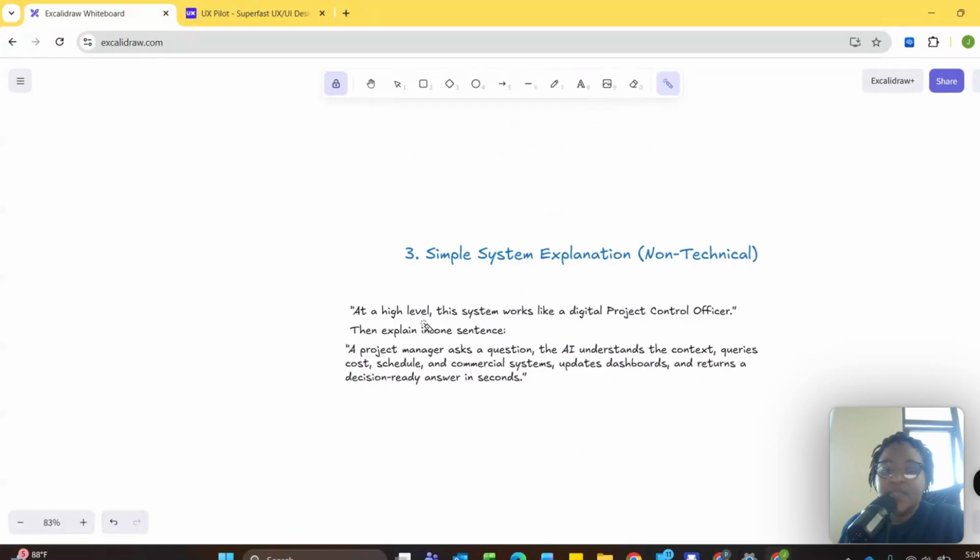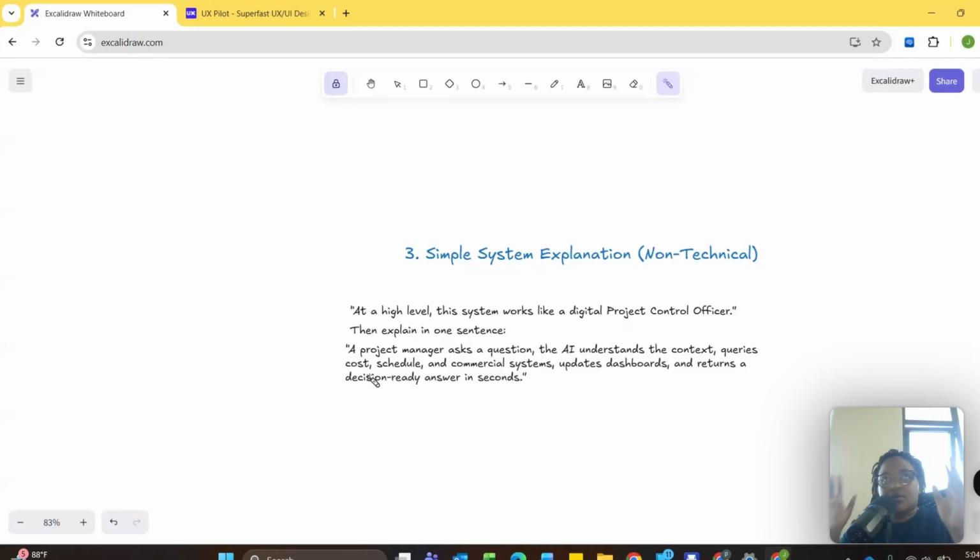In our case study, at a high level, this system works like a digital project control office, like somebody who controls the project from a digital point of view.